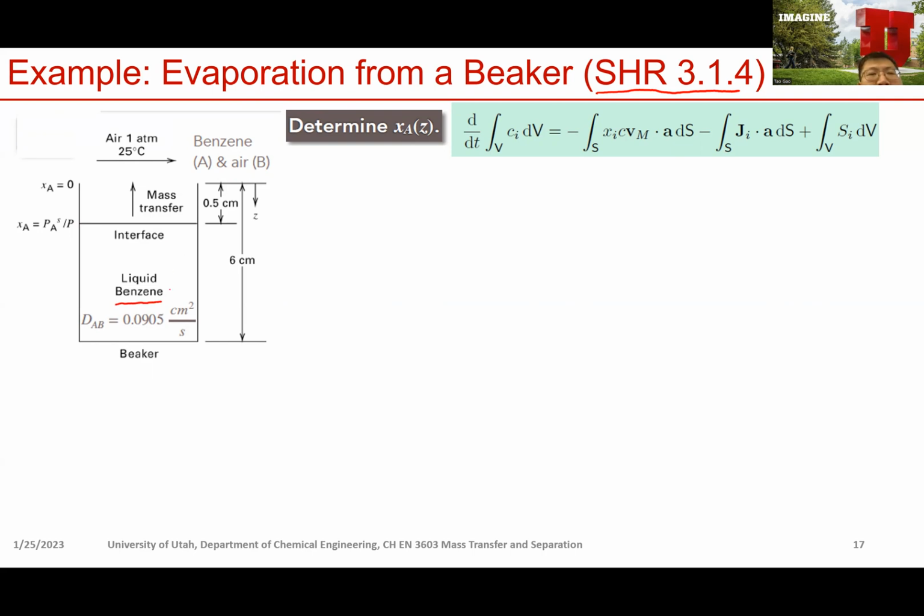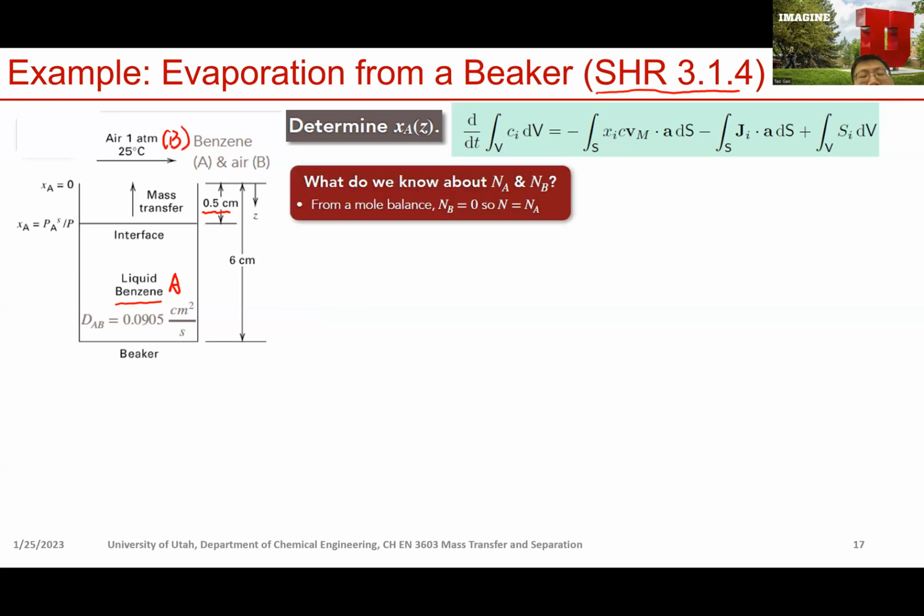That's species A here. And the liquid level of the liquid benzene is at a distance of 0.5 centimeter from the mouth of the beaker, right? Then above the mouth of your beaker, it's just pure air at 1 atmosphere pressure. That's our species B.